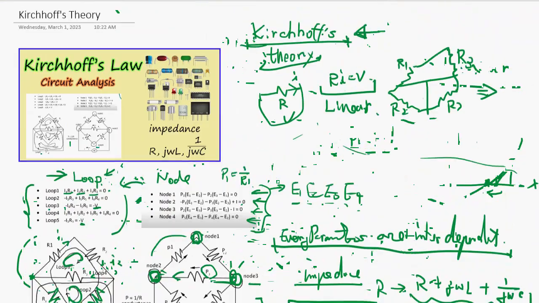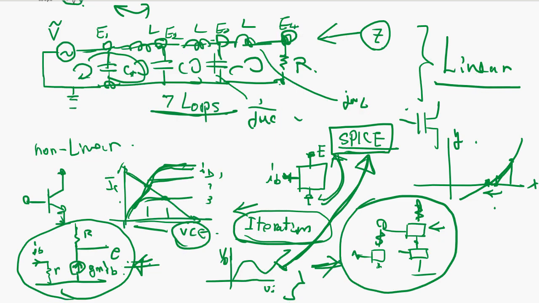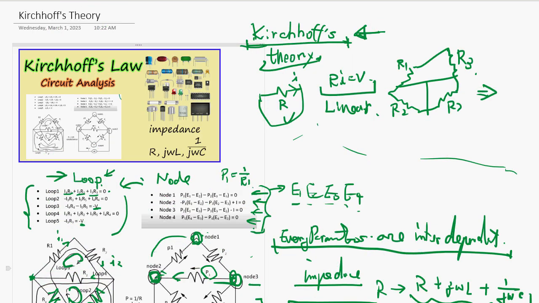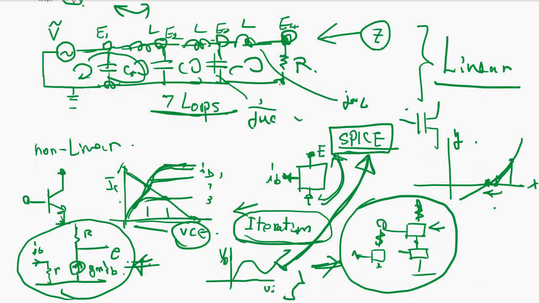Okay, so this is the basic Kirchhoff theory. The simplest case is the linear element resistor, but for AC you can use impedance. And for nonlinear components, you can use the iteration method to calculate the approximate value of the operation and put them together by nodes or loops. With Kirchhoff's theory, you can calculate the entire circuit diagram.